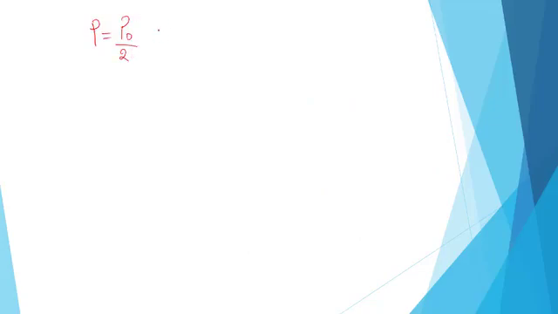So P naught over 2, which is our P, is equal to P naught e raised to power 6,000 k, remembering that the value of h is 6,000 meters.